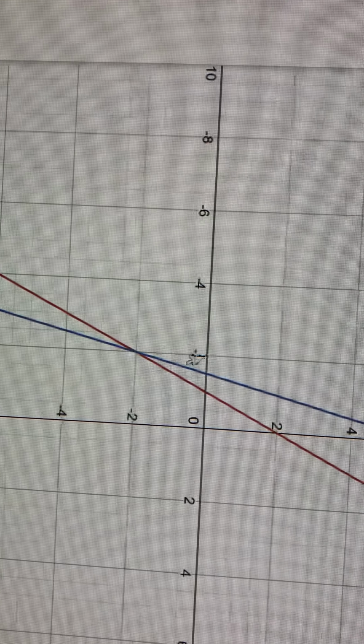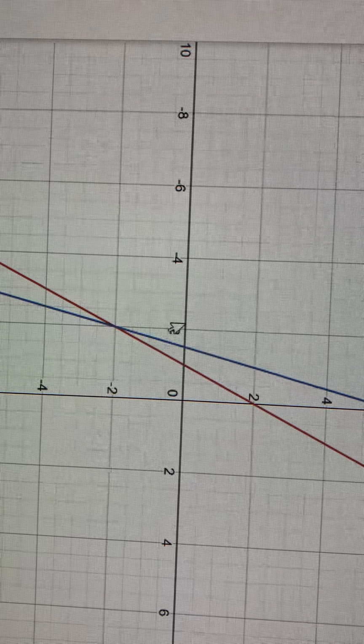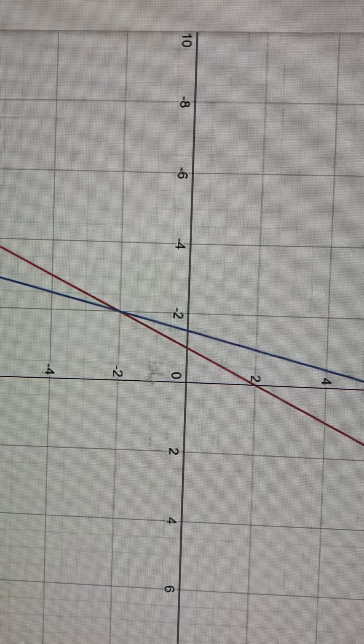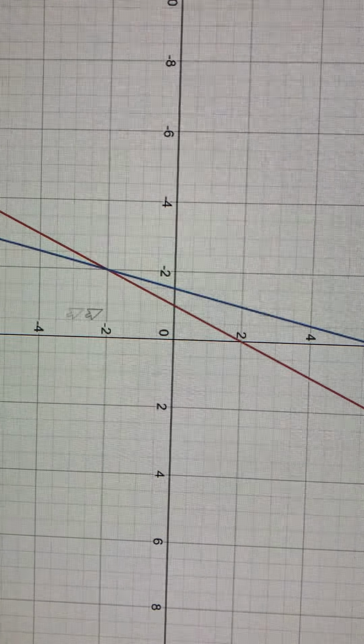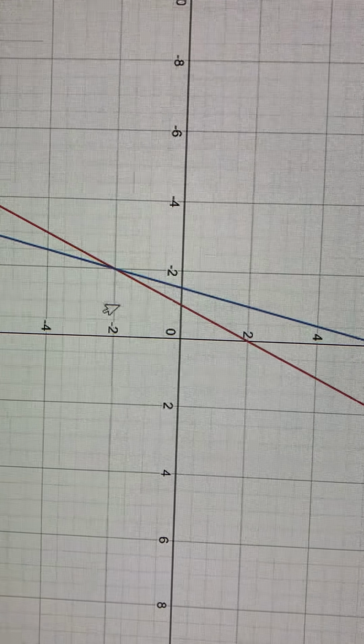Well, right here, this is pretty straightforward. It's right here at negative 2, negative 2. The x coordinate is negative 2. The x's go this way, and the y's are these numbers up and down. So the x is negative 2 and the y is negative 2.